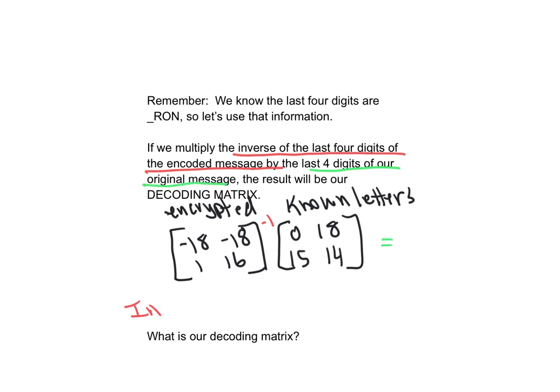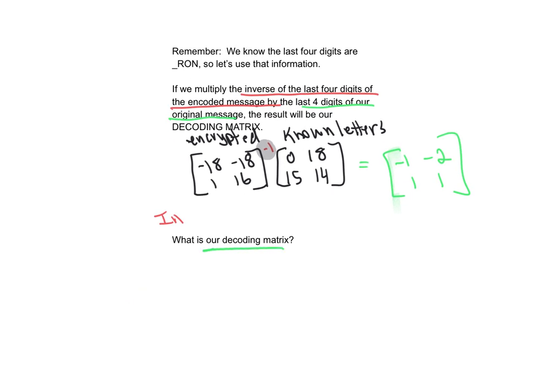So don't forget that this is the inverse of the encrypted times what we know. What we end up with is our decoding matrix, which is -1, -2, +1, +1. So our decoding matrix, again, is this guy right here: -1, -2, +1, +1.